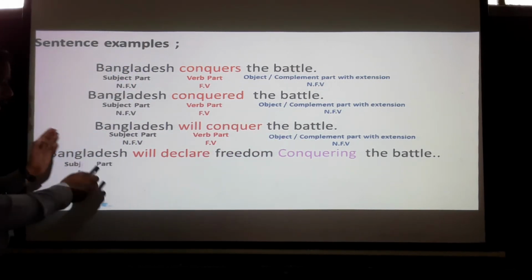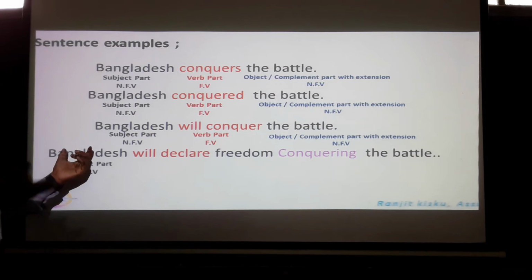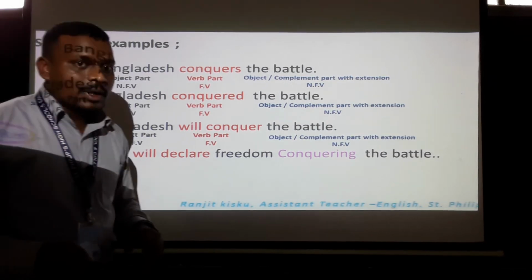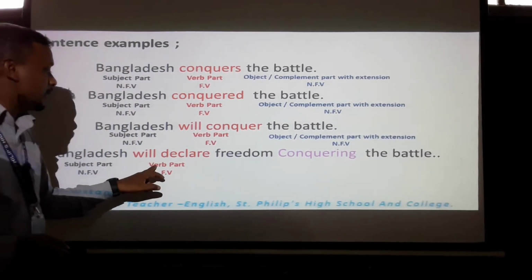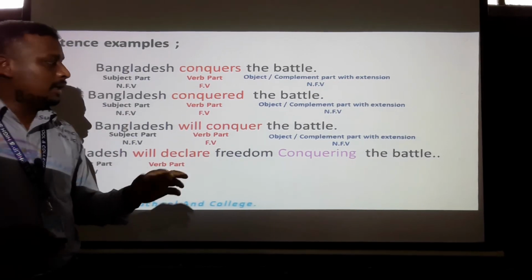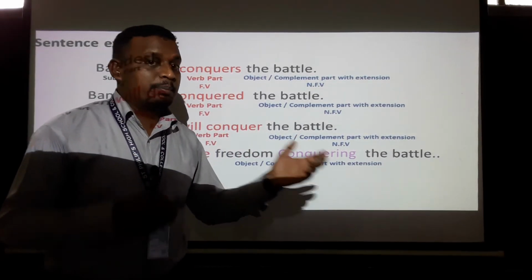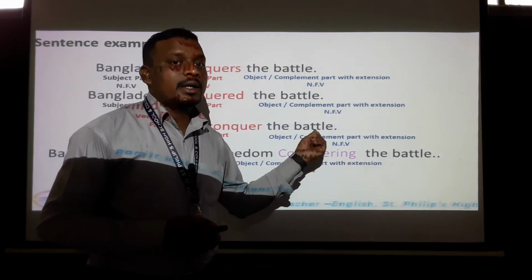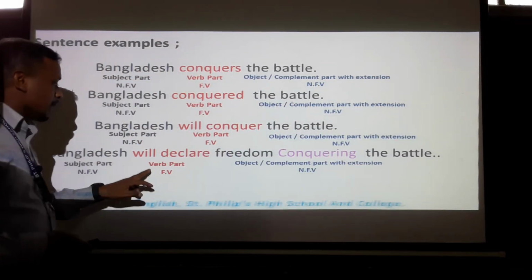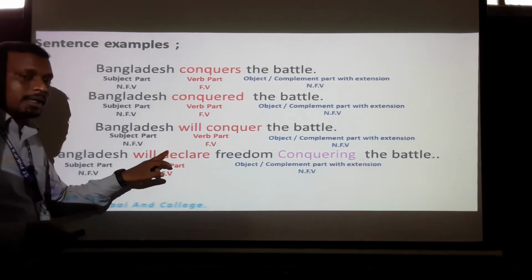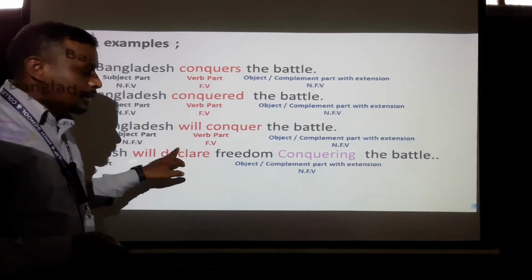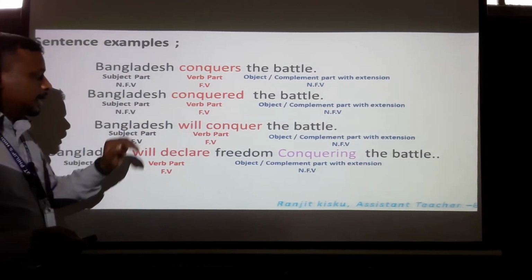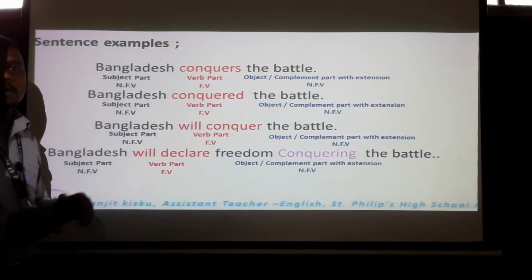Got it? So, we will look into the positioning of the verb. We have a subject part where we get Bangladesh. Then we have a verb part where we got will declare, and the object or complement part where we got the verb conquering, right? In the verb part we will get the changes as per tense, voice and number and person of the subject.